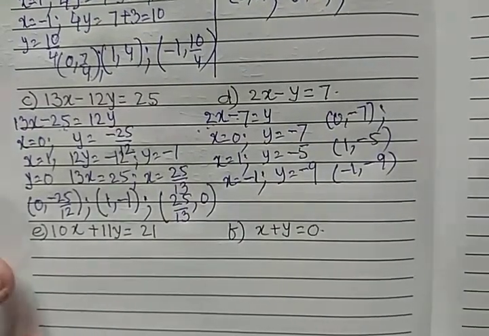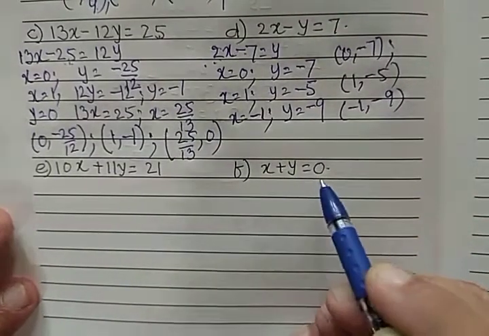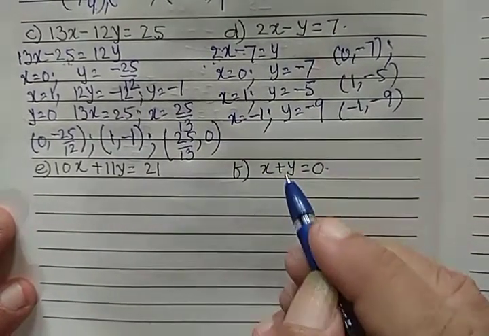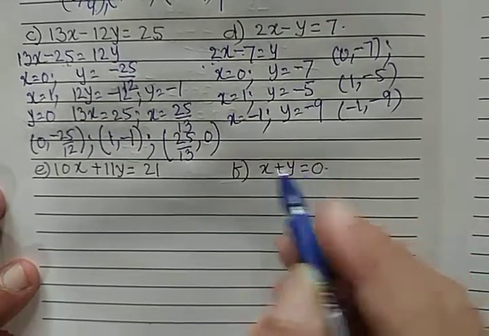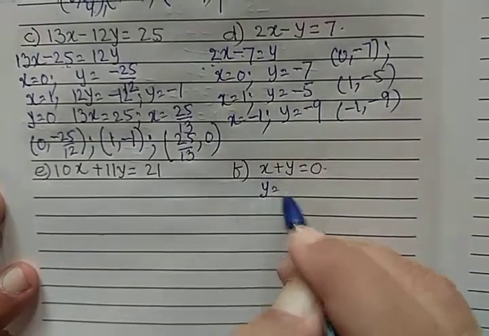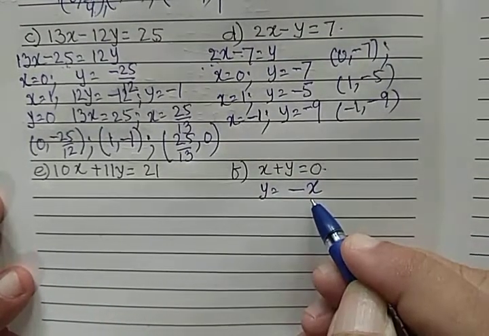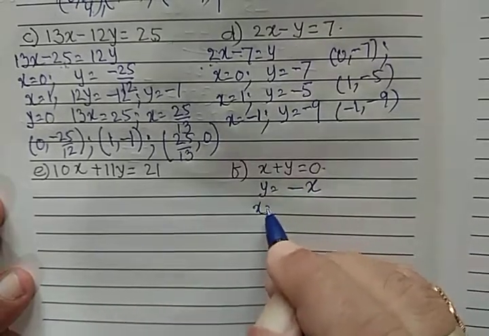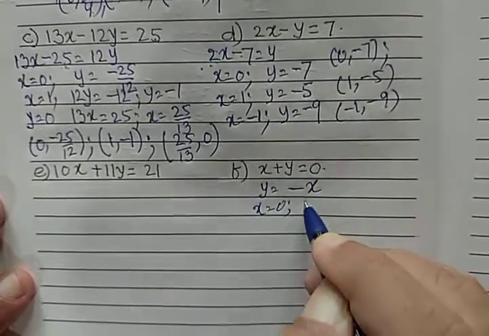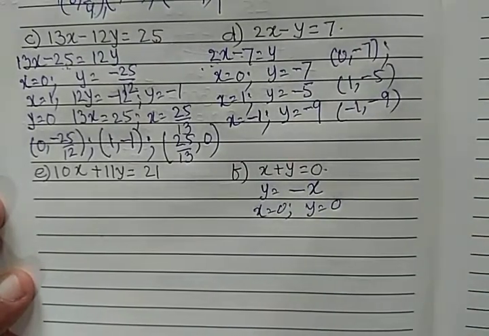Clear? Now let us do this one. x plus y is equal to 0. First of all, let us take x to the other side. y is equal to minus x. First let us take x is equal to 0. If x is equal to 0, then y also becomes 0. Clear?